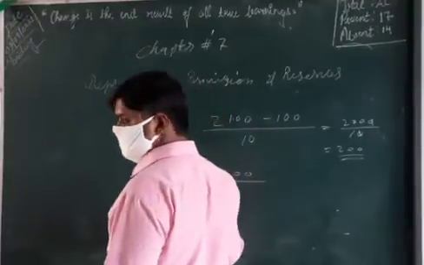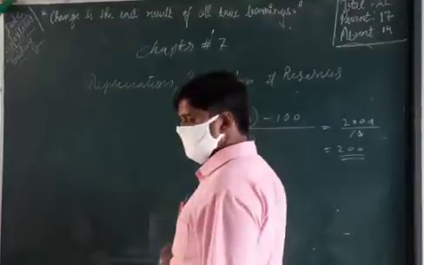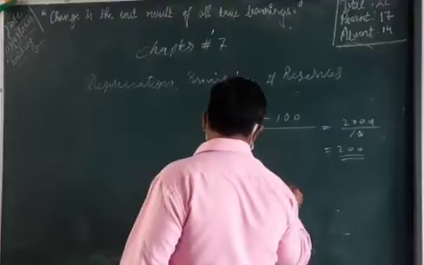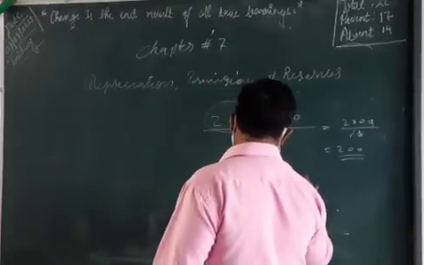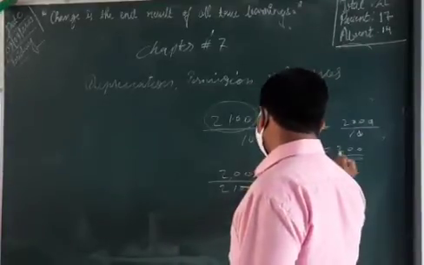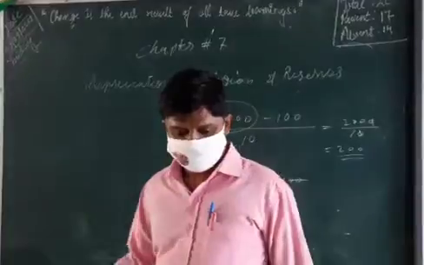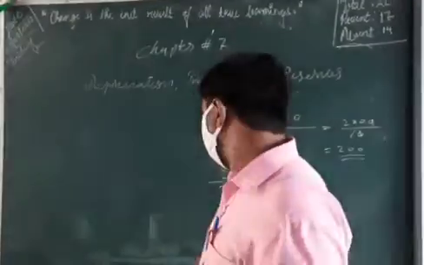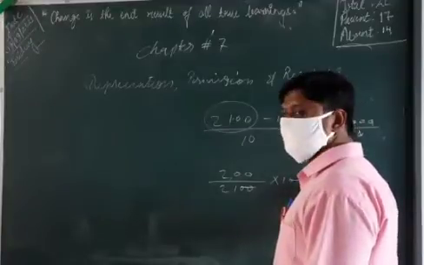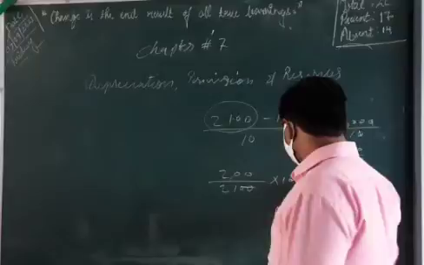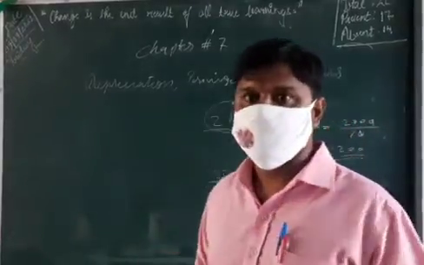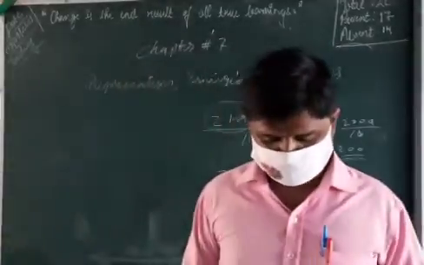The acquisition cost is the value of that asset, 2,100, into 100. This formula we use. This is an example only. In this way we get a certain percentage, and we say that this much percentage is the yearly depreciation. Clear now? Yes.